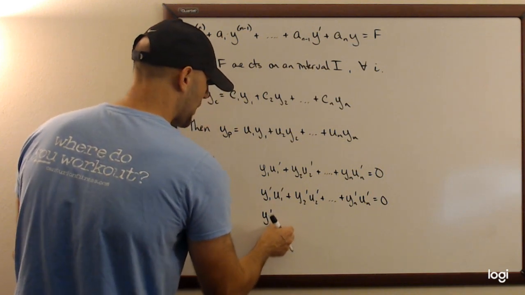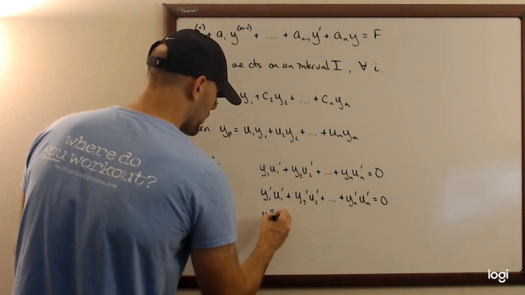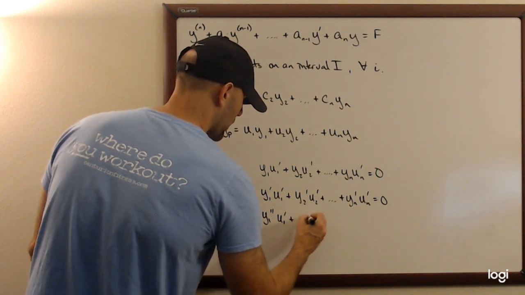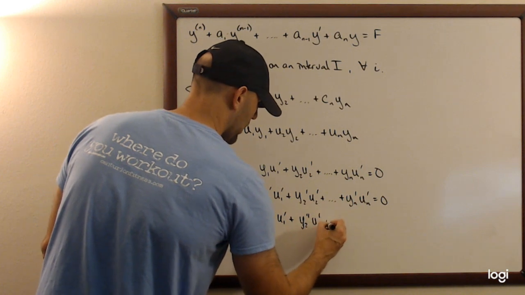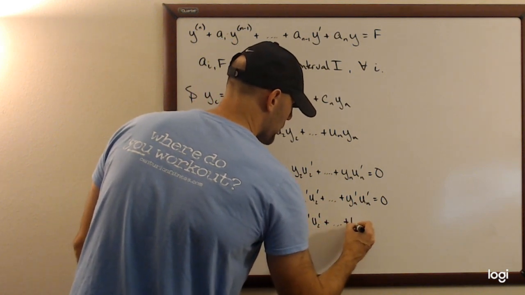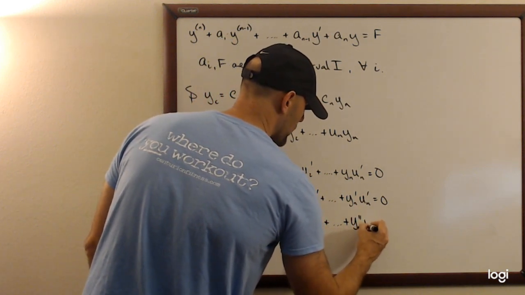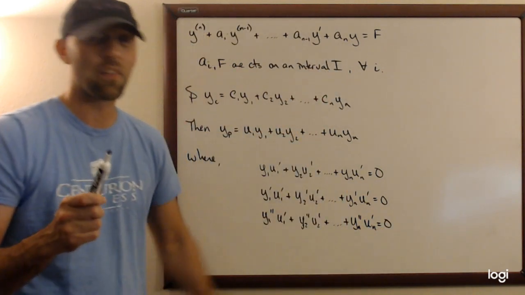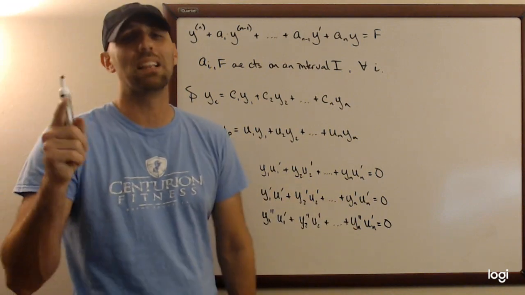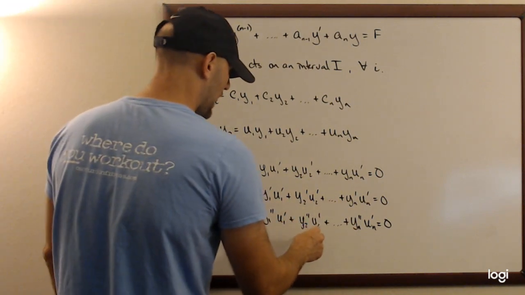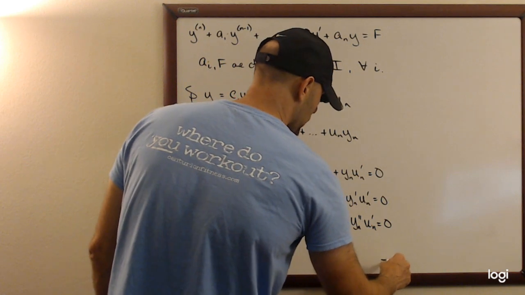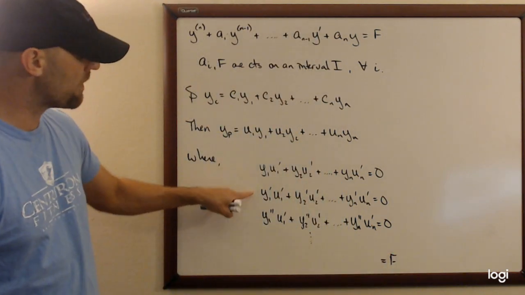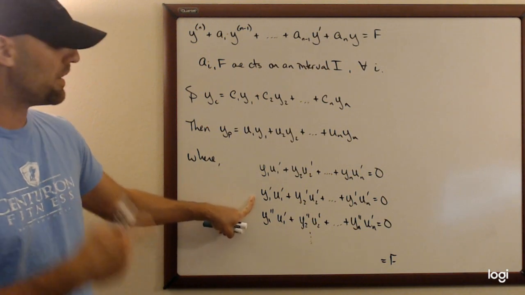And then the next one, y1 double prime, again, just take another derivative. So y1 double prime u1 prime, y2 double prime u2 prime. Notice that the u's don't change, the y's just get differentiated. And eventually, they all equal 0 until the very last one. The very last equation will equal f. How many derivatives will I have to take? Well, I need n of these equations.